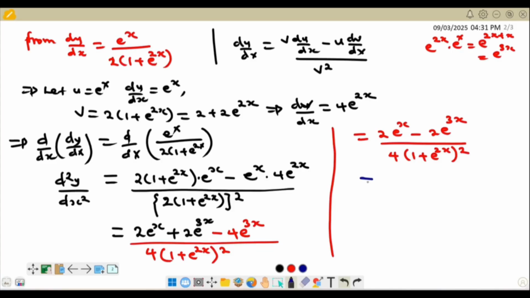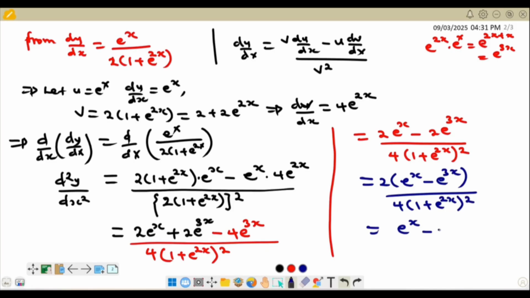So finally, 2 is common, so you can put it out, and you remain with e to power x minus e to power 3x, and this is 4 into 1 plus e to power 2x, and this is squared. So from here, these two will reduce this to give us e to power x minus e to power 3x, and this is divided by 1 plus e to power 2x, and the whole of this is squared.